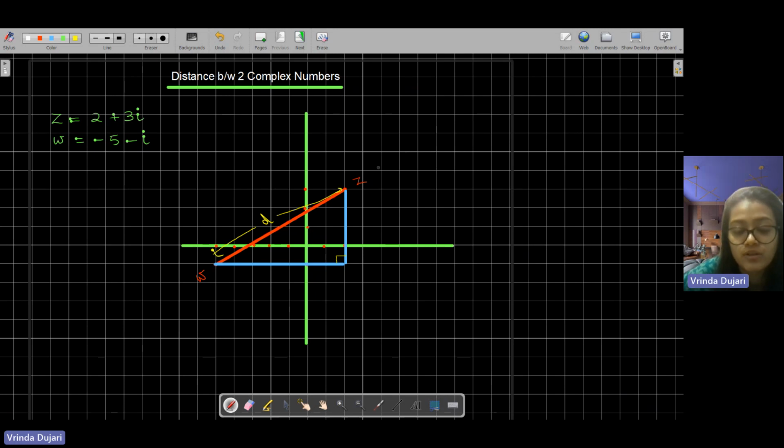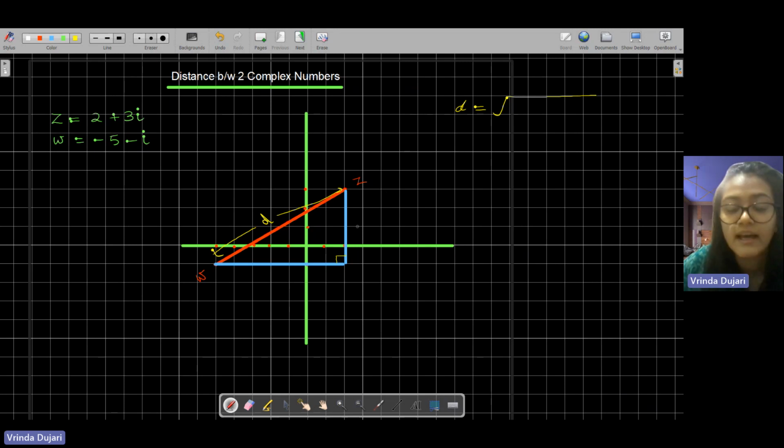Now, as per the Pythagorean theorem, in this right triangle, D is nothing but the length of the hypotenuse of this triangle. And we know that the length of the hypotenuse is given by the square root of the sum of the squares of the lengths of the other two sides.